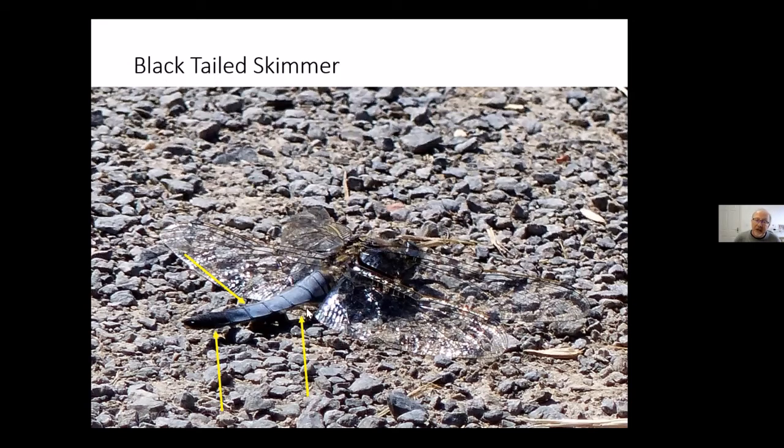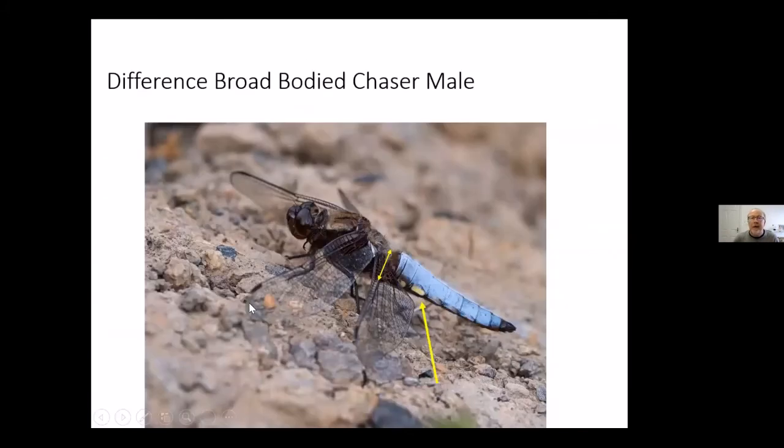But you will notice here on the side, there is no yellow like the broad-bodied chaser has. So it can't be a broad-bodied chaser. But if you look, it is very thin from top to bottom. It's not very deep. Whereas if you look at a broad-bodied chaser, it's got some meat on it. It's deep and it has that yellow side.